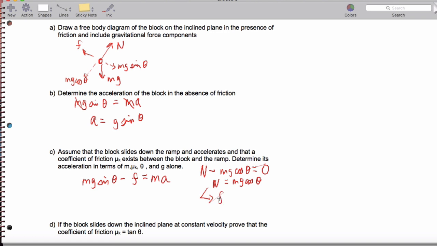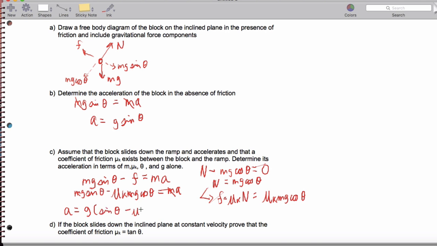That leads to the conclusion that since friction is mu times n, that's going to be mu k mg cos theta. When we plug that in there, we're going to get mg sine theta minus mu k mg cos theta equals ma. Our m's cancel, and so we're going to get an acceleration equal to g times sine theta minus mu k cosine theta.